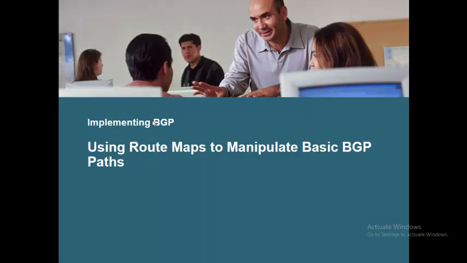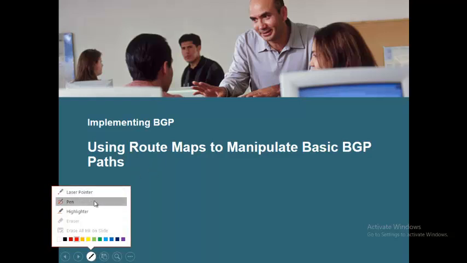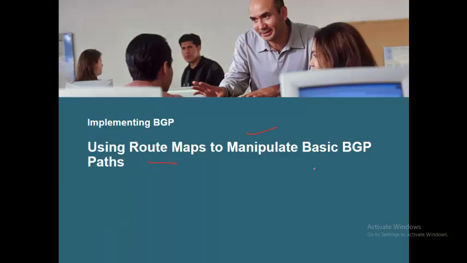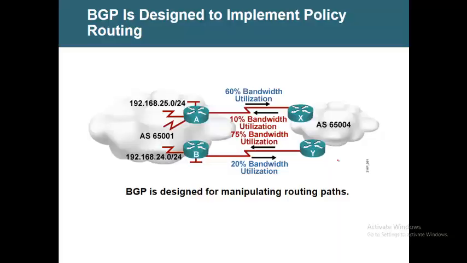Here, how do you use route map in order to manipulate the BGP path? Here you see this example. This example is to show you that we have some policies in routing.